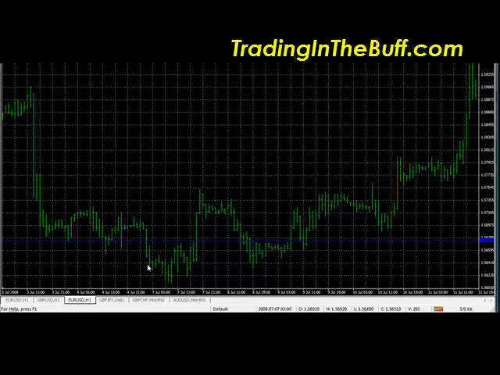So this encompasses 1, 2, 3, 4. That's 4 bars. So we count 4 bars the opposite way: 1, 2, 3, 4. And take profit looks like it would have been hit somewhere around this area here, which looks to be about 157.73. So what is that? Looks like a take profit of just under 100 pips. Not too shabby.